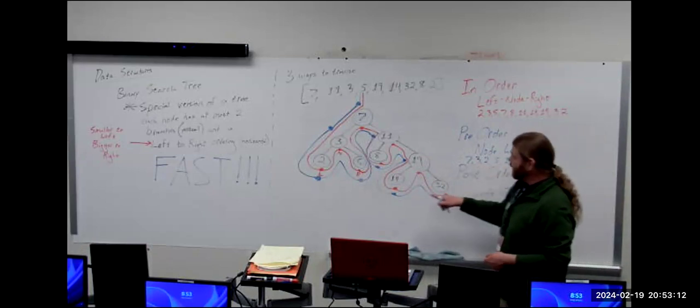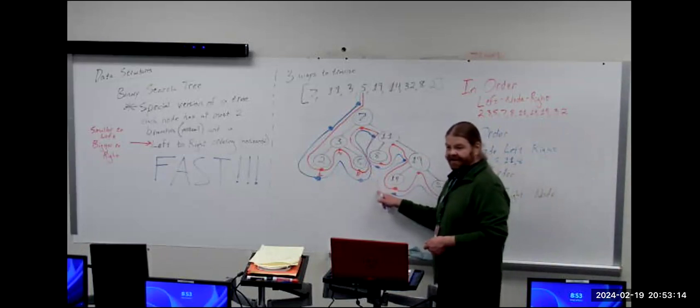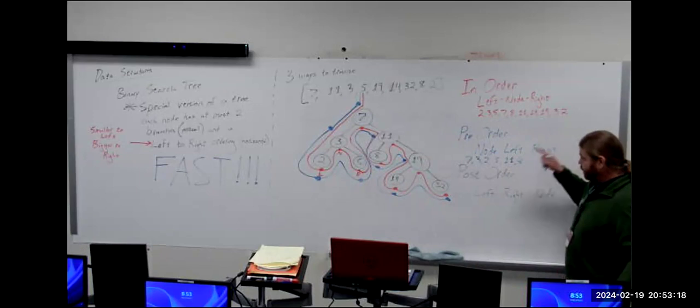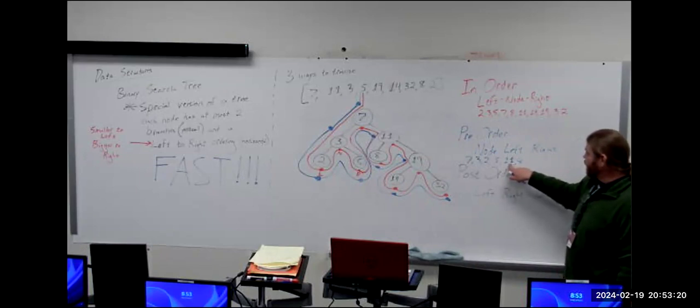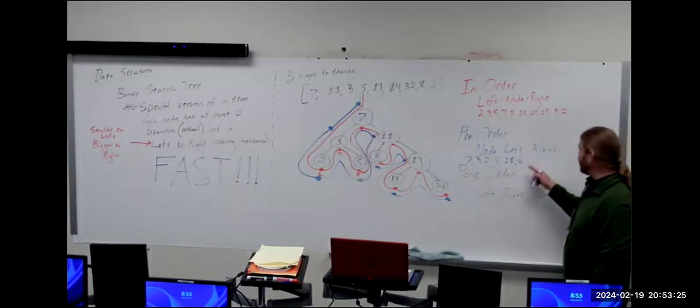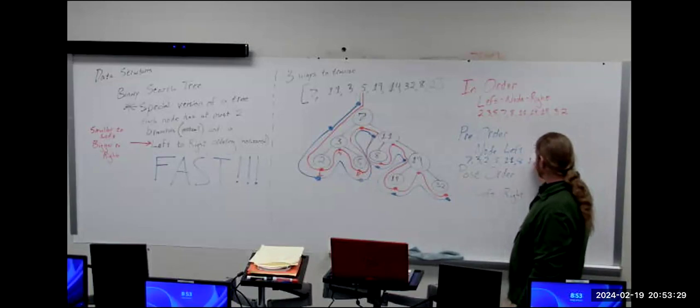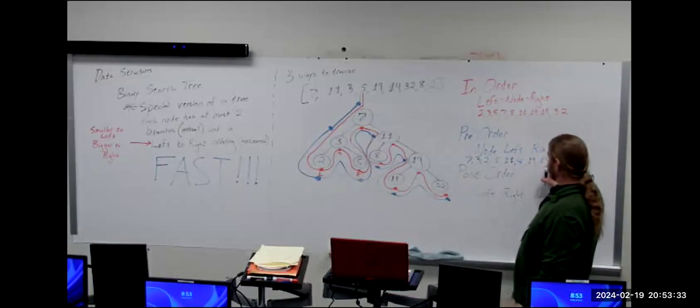If there was things after the 5, like a 6, a 7, we'd hit those along the way. Then go back up. 11, 8. So we go back up and come down. After that, we go 19, then 14. So we go up and come down, then 32. Hopefully that's enough to see the order.